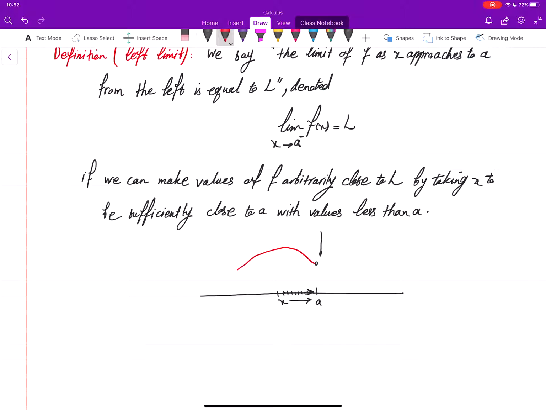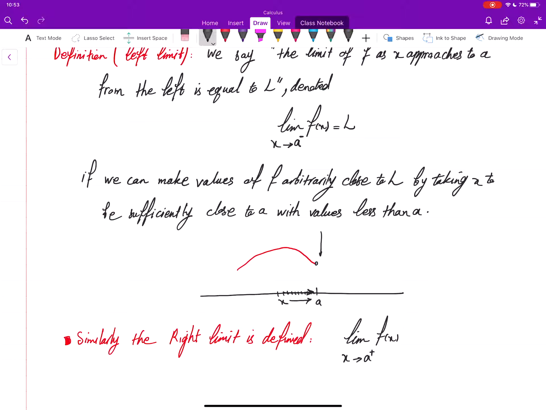Well, similarly, I won't write the right limit in complete form. The right limit is defined similarly, and we have a different notation for it. It means that x approaches A from the right.